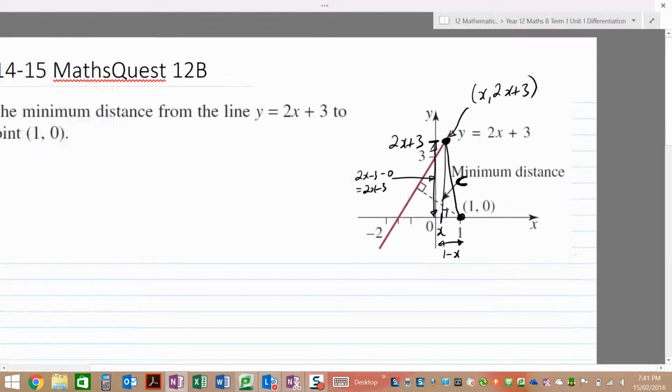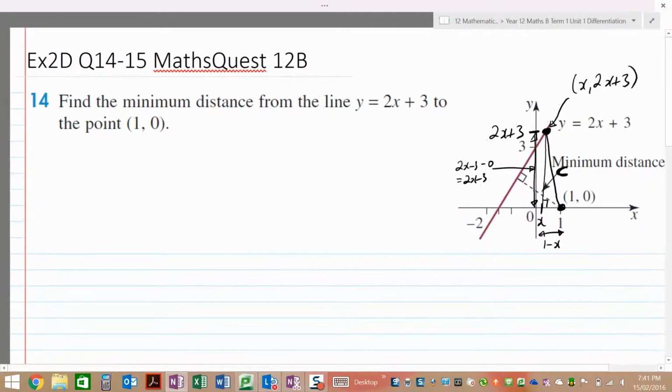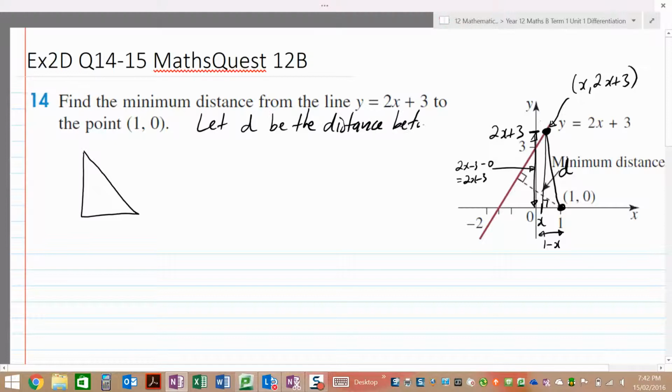The diagram's starting to get a little bit messy, but essentially I have a triangle. Instead of letting this be C, I'll let it be D. Let D be the distance between the line and a point. So that nasty diagram that I have is really 1 minus x, 2x plus 3, and I'm trying to find D here.